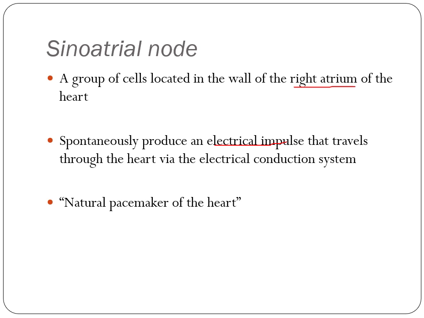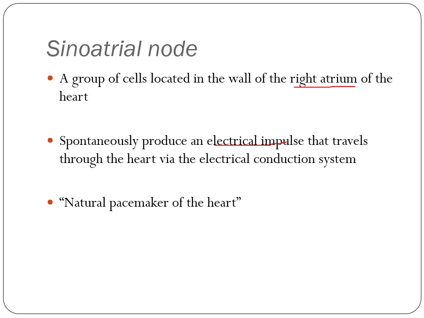It is to be noted that the electrical impulse causes contraction. So this is where it all originates. The electrical signal that flows through the heart, or the cardiac conduction system, starts from the sinoatrial node. In a healthy heart, the sinoatrial node continuously produces an action potential, setting the rhythm of the heart, and so is known as the heart's natural pacemaker.